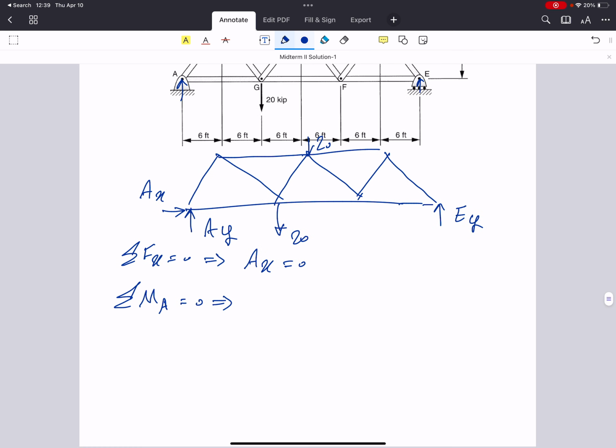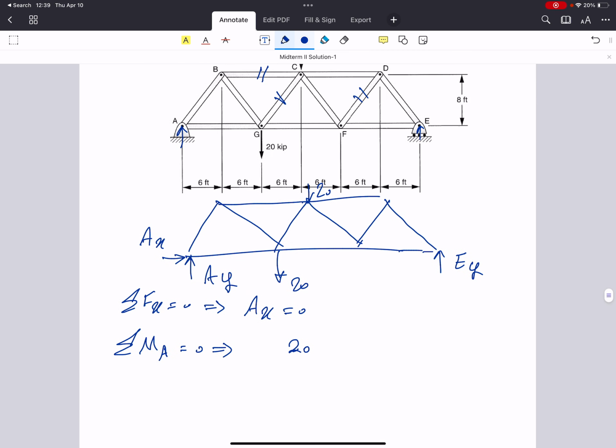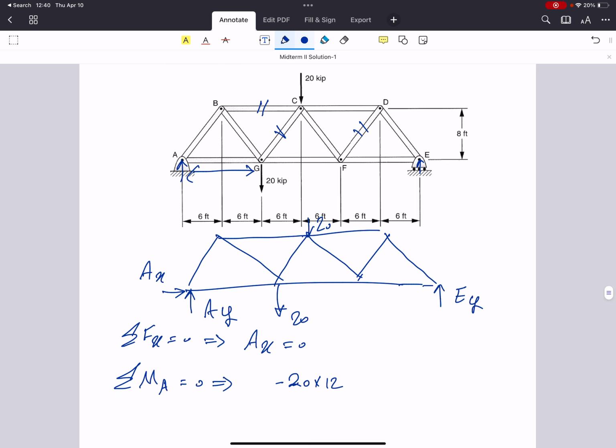And we have 20 times 12, the first force, this force I mean, so that is the distance, 12.